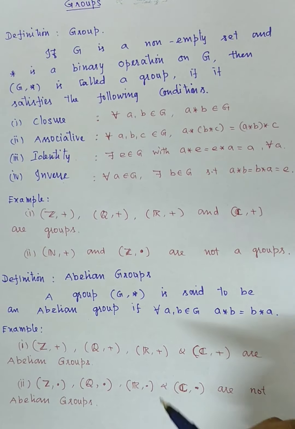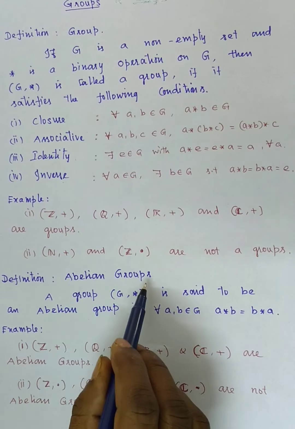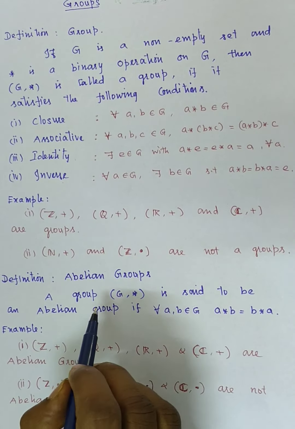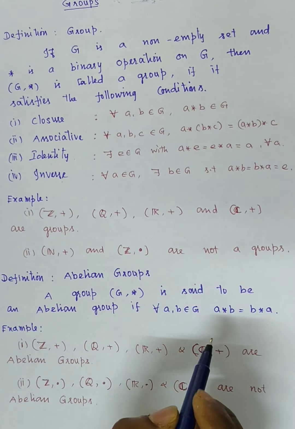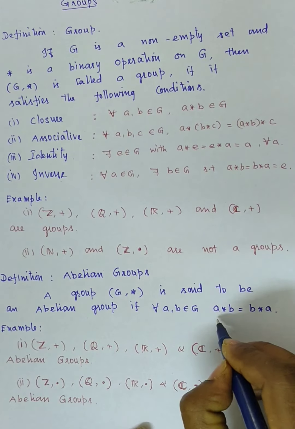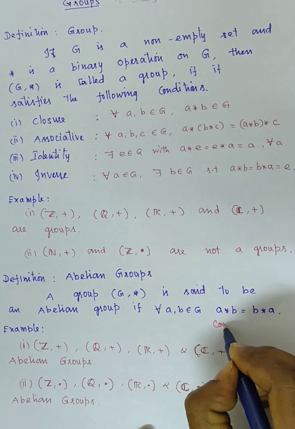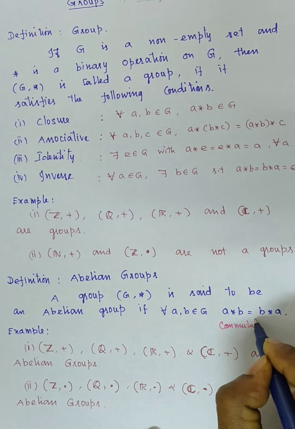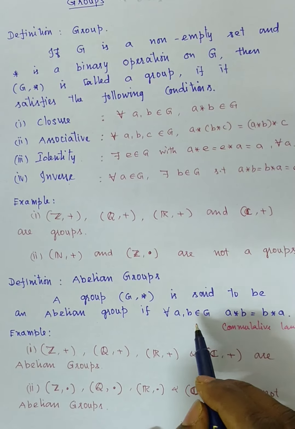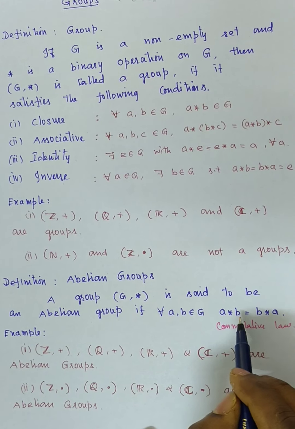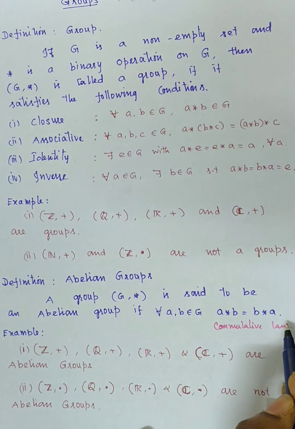Then next we move to the definition of abelian group. What is an abelian group? A group G comma star is said to be an abelian group if it satisfies the commutative law. What is that? For every element a comma b in G, it satisfies a star b is equal to b star a.